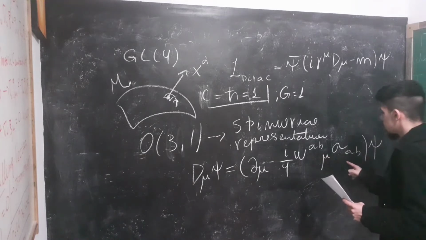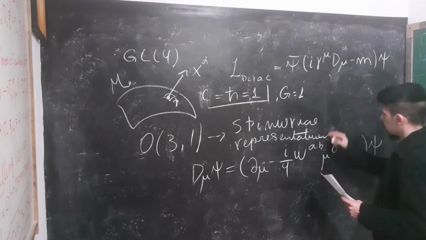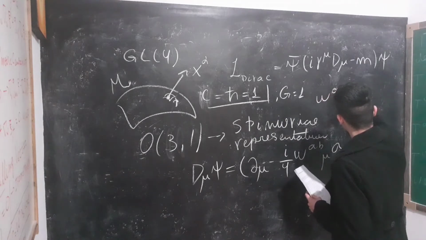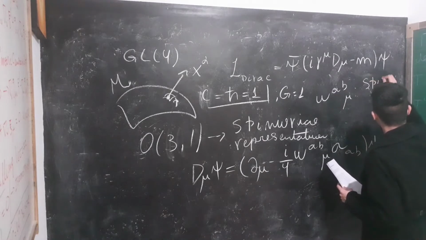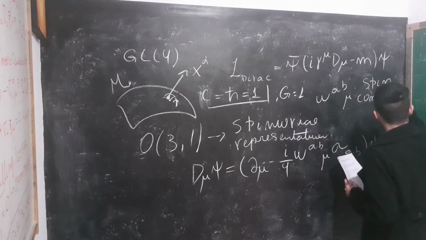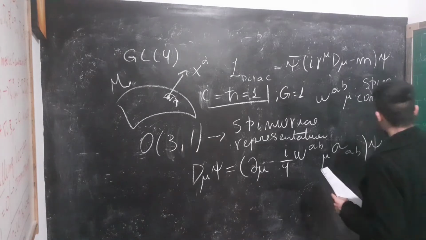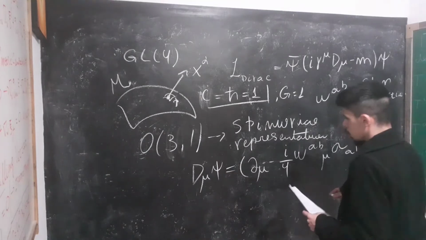What is that? Those guys here are the generators of the group, right? And this omega ab mu is what we call a spin connection, which is an idea from loop quantum gravity, I hope you know.